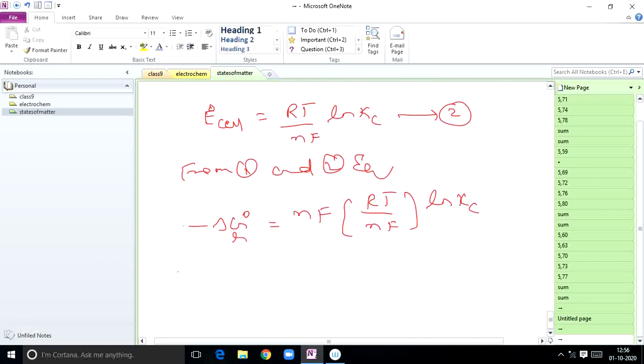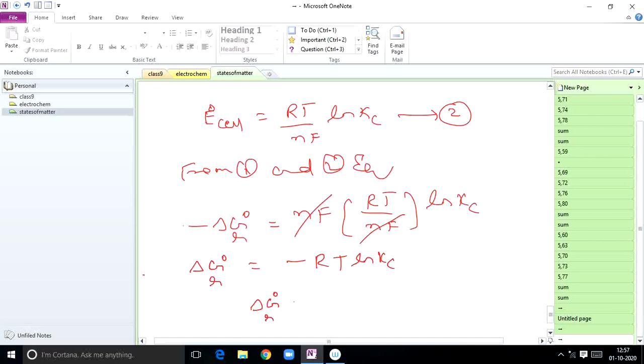Then finally, nF gets cancelled on both sides, and you will get delta G naught R is equal to minus RT ln Kc. Very important, IIT students.